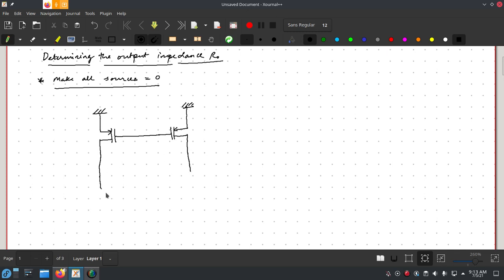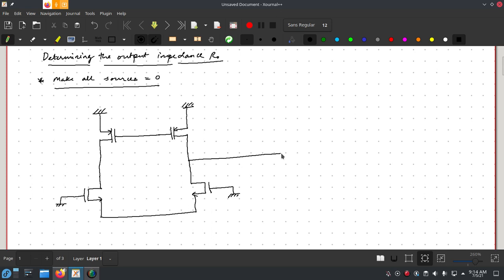Next I have a MOSFET here which is also ground, another MOSFET here which is also ground, and this is also ground.